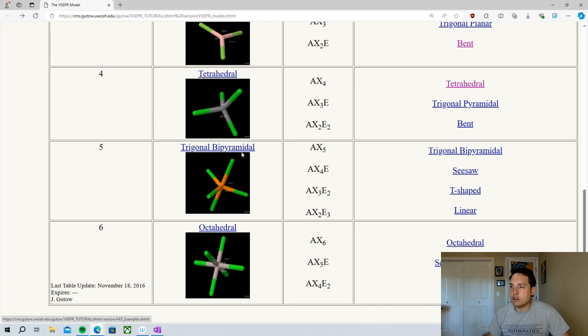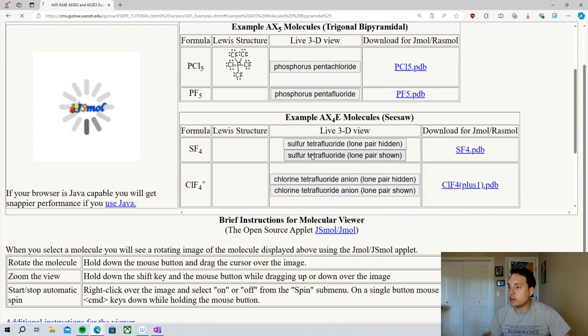And all these are grouped under either the trigonal bipyramidal or the octahedral electronic geometry. And when you want to try to fit 5 atoms, or 4 atoms and a lone pair, for example, around a central atom, we have to do it a little bit differently than you might expect.